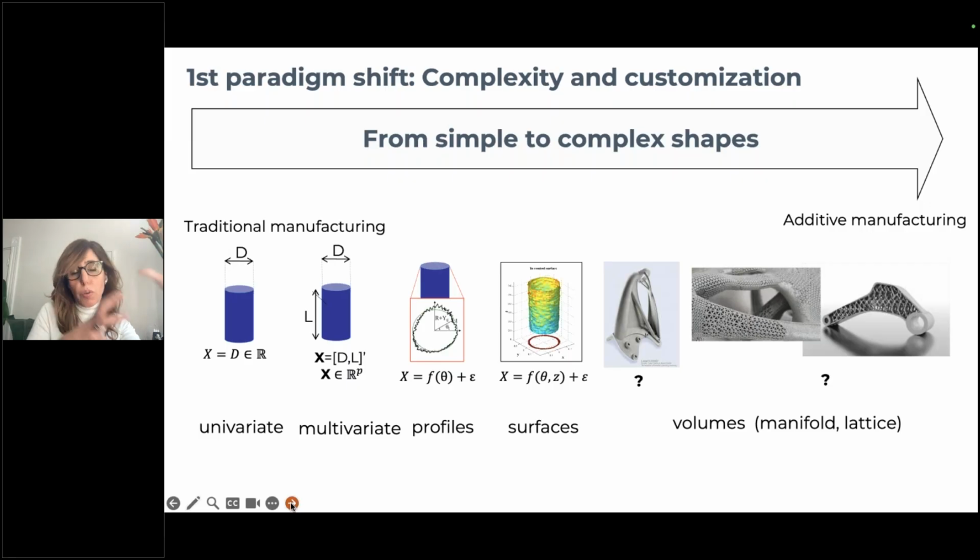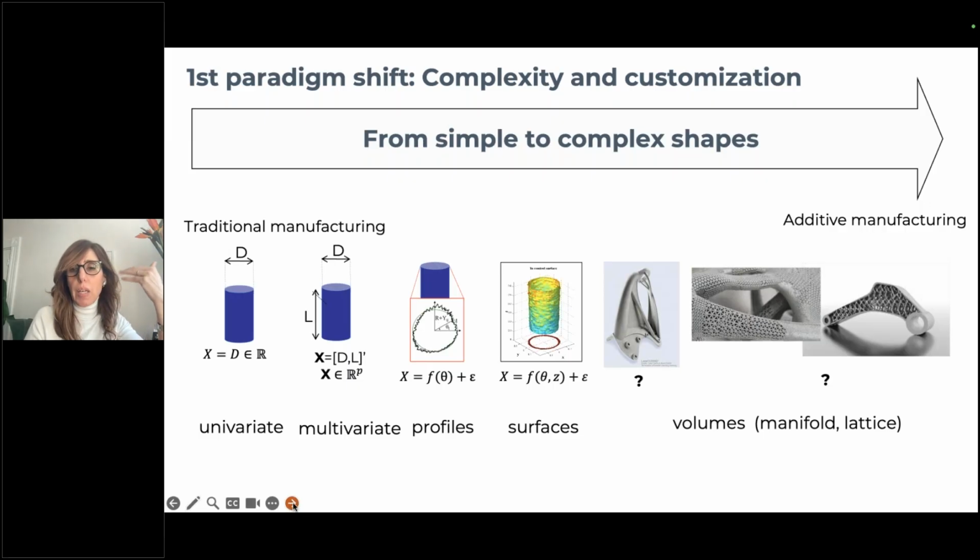That idea has moved to profile monitoring and surface monitoring, and is also able to capture 3D point clouds in producing parts. But with what I'm able to produce with additive, this complexity is going to create a lot of problems in even identifying if the part is defective or not, or identifying an out-of-control state in case you are producing more than one part with some sort of sequential production.